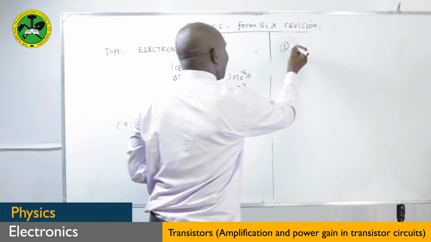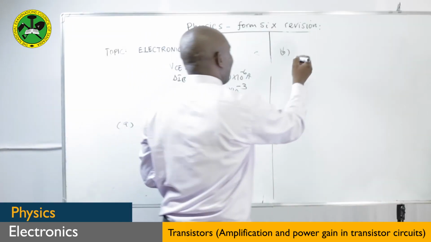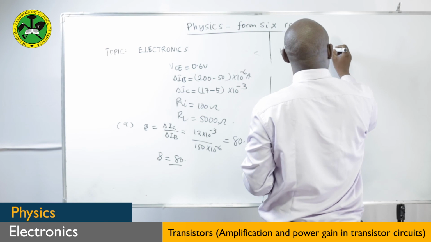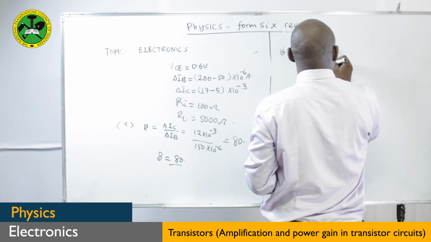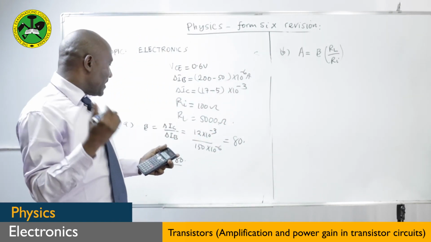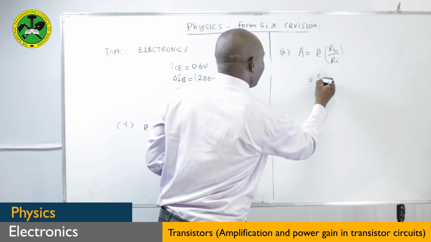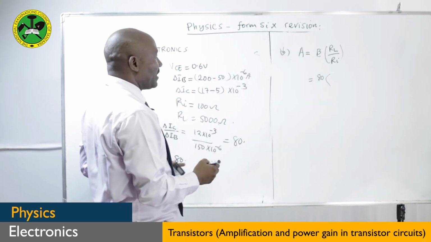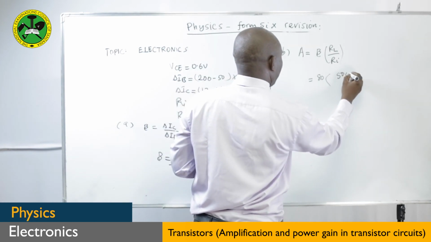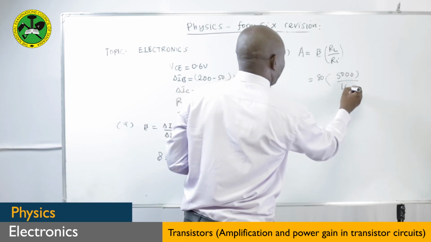Part A done. Part B: what is the voltage gain? Remember the formula says the voltage gain is the current gain times the ratio of the output resistance over the input resistance. You should remember those formulas you derived. So the current gain is 80 here, the output resistance was given as 5,000, and our input is 100.